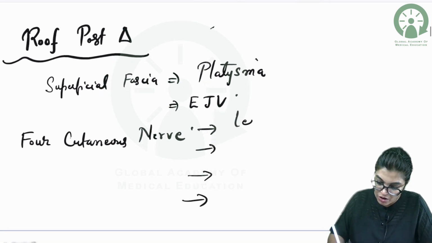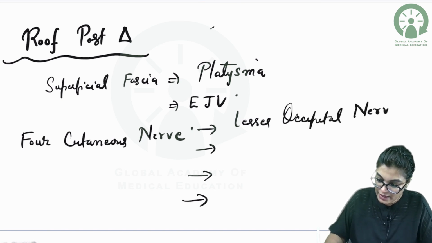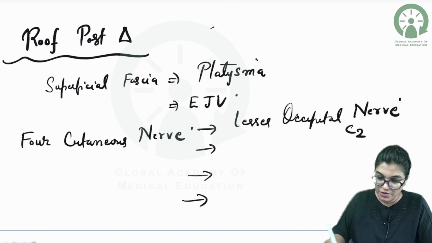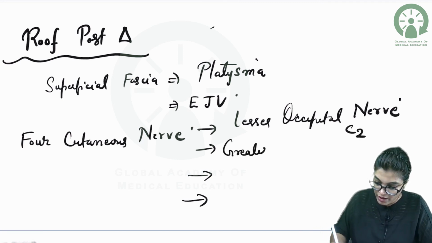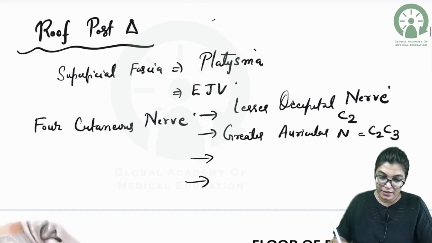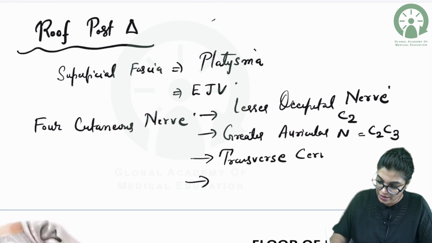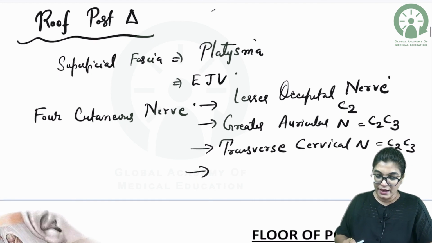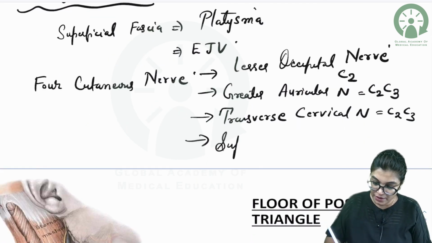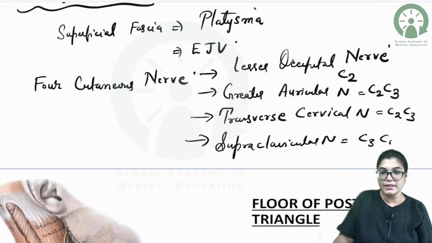They are the lesser occipital nerve having the root value C2, the greater auricular nerve having the root value C2, C3, the transverse cervical nerve having the root value C2 and C3, and the supraclavicular nerve having the root value C3 and C4.